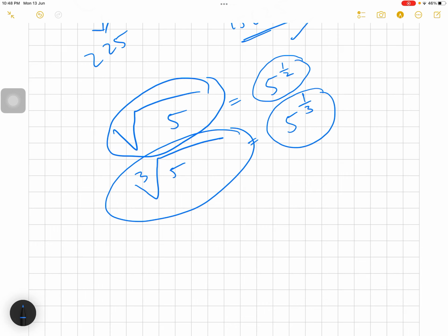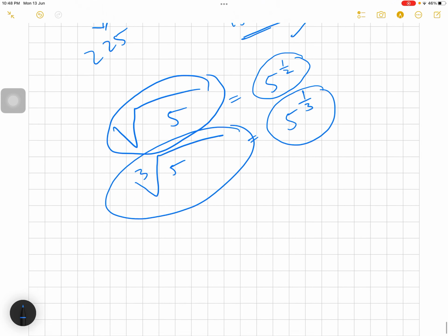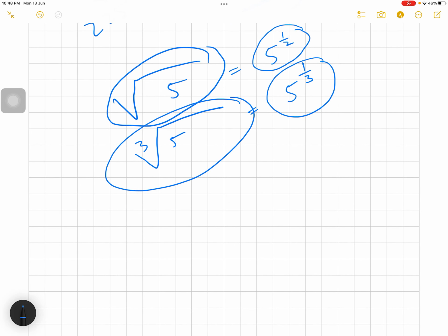Now, if I want to write cube root of 5 square, 5 square is as it is, and cube root I can write like this, 1 by 3.